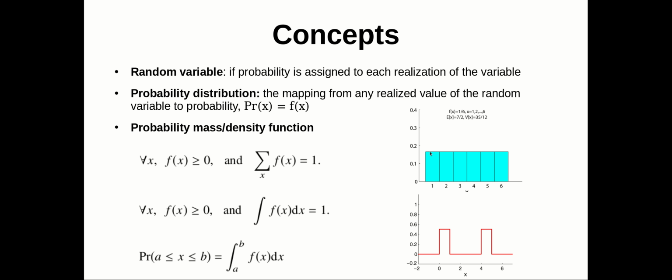So it's 1/6, and the summation over all possible realized values of the probability mass function should equal 1, right? And that's the discrete case, and it's called the probability mass function, right?